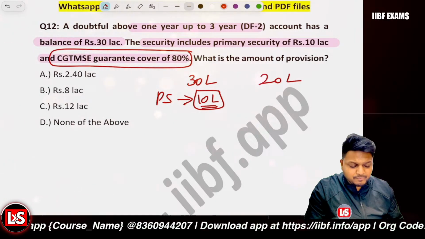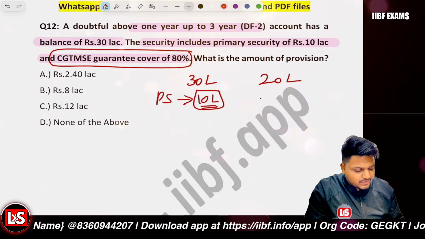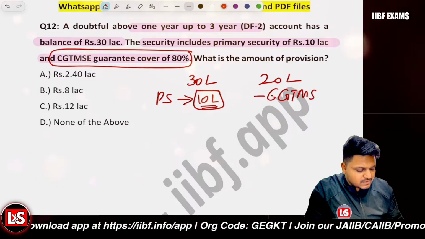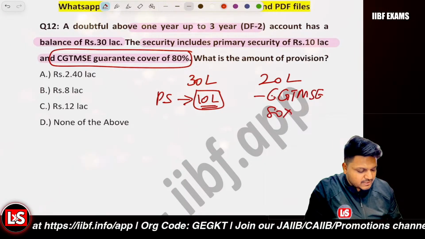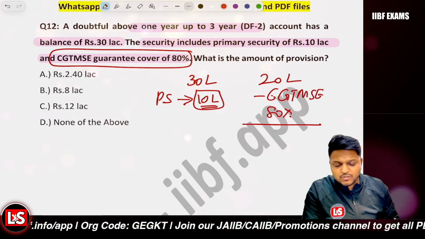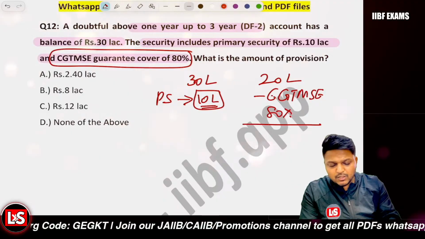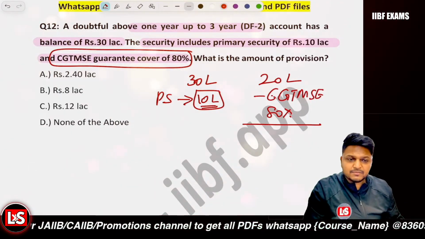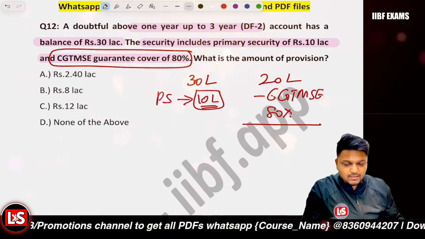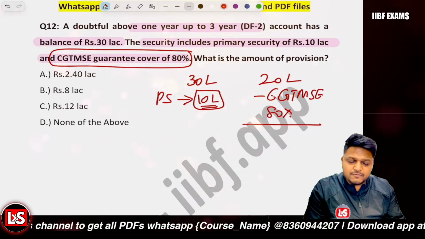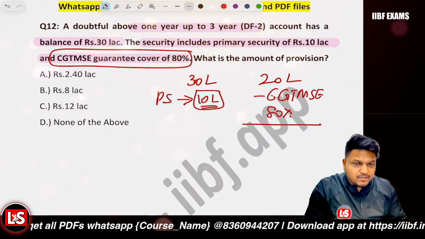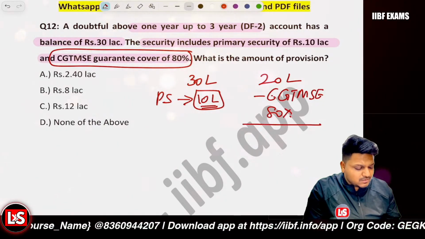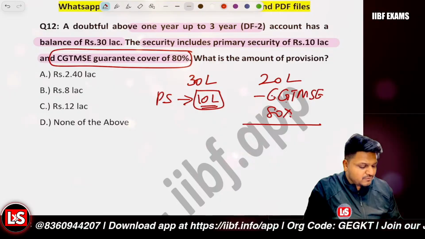So here the CGTMSC cover of 80% is available. 80% of 20 lakh is 16 lakh. We have to subtract that.